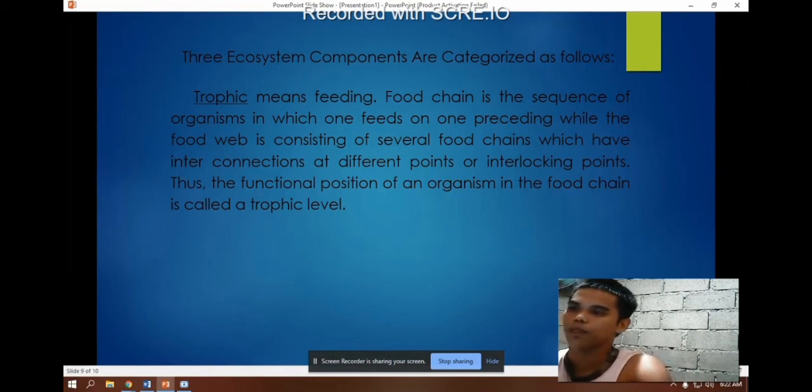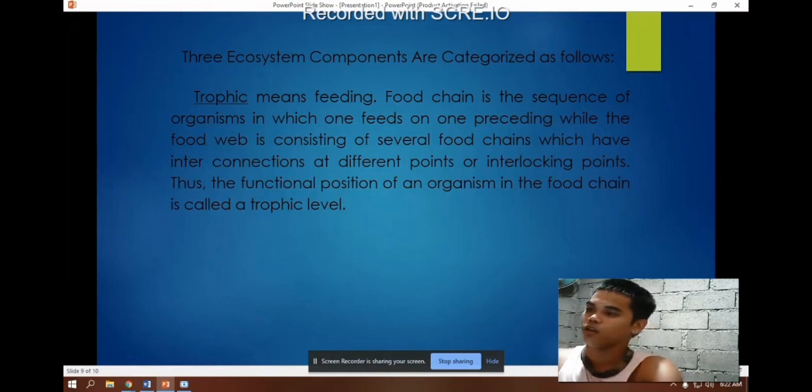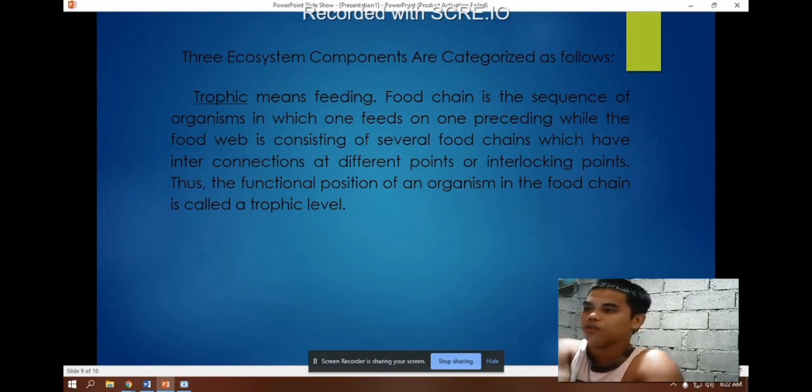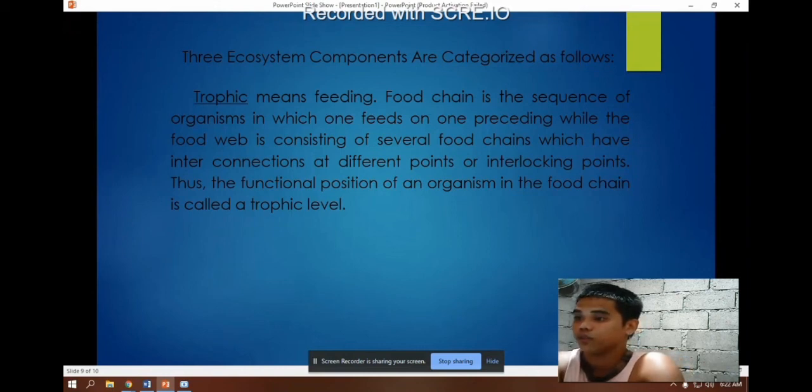Trophic means feeding. Food chain is the sequence of organisms in which one feeds on one preceding, while the food web consists of several food chains which have connections at different points or interlocking points.